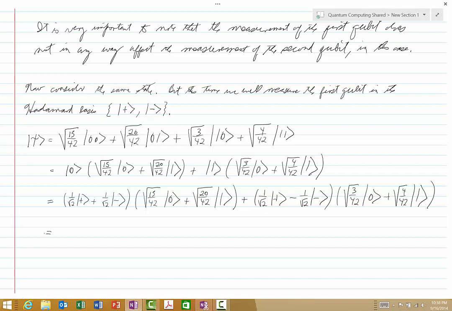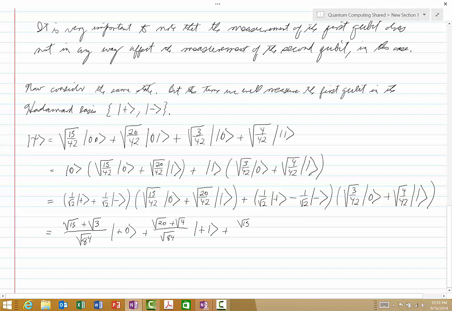We will get square root of 15 plus the square root of 3 over the square root of 84 times plus 0, plus the square root of 20 plus the square root of 4 over the square root of 84 times plus 1, plus square root of 15 minus the square root of 3 over the square root of 84 times minus 0, plus the square root of 20 minus the square root of 4 over the square root of 84 times minus 1.